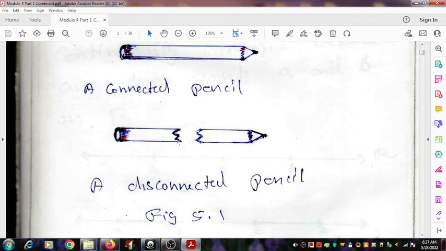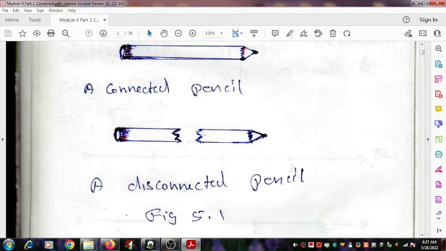For that, it's a kind of mathematical way of explaining disconnectedness. We name the parts.